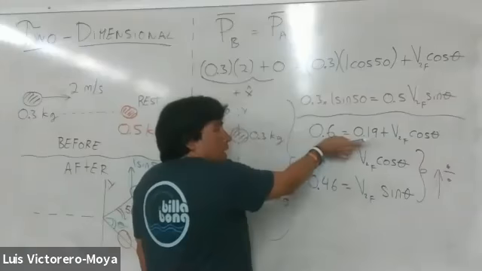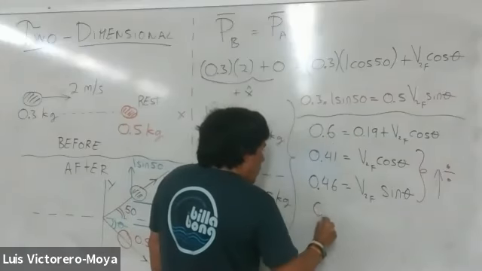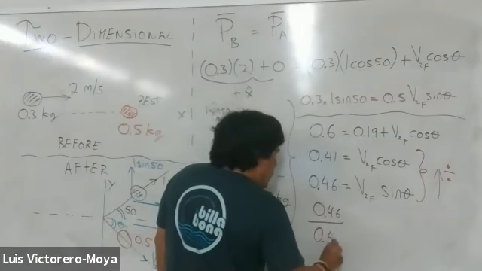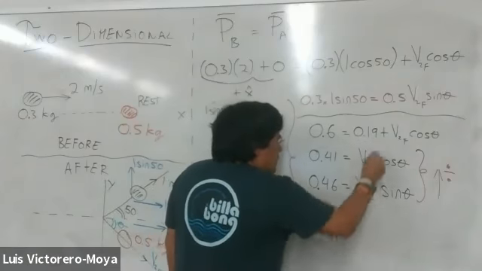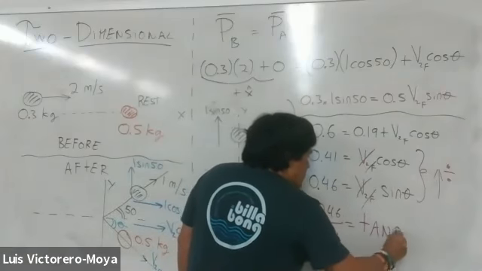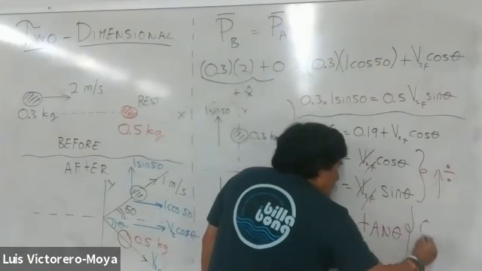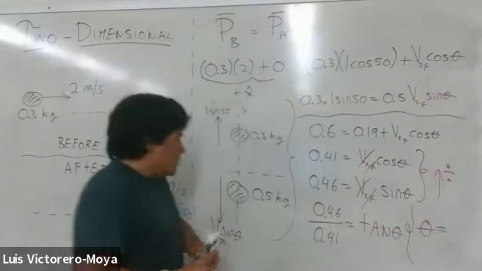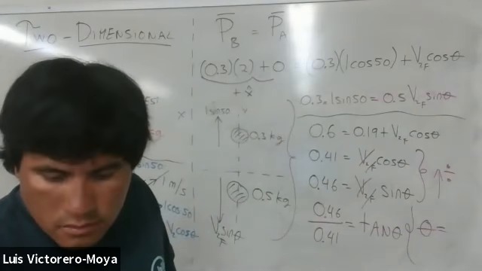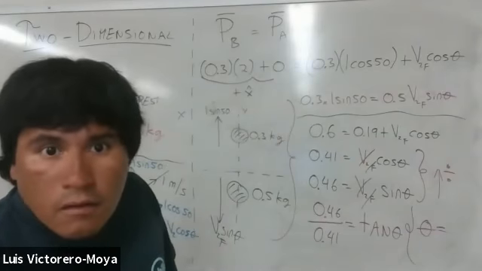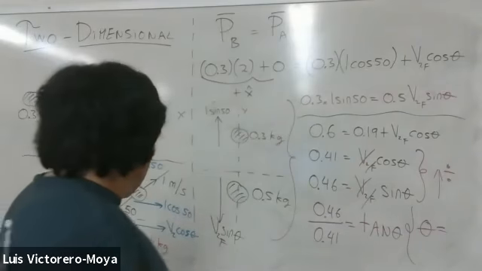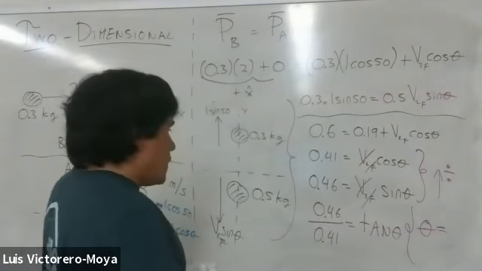This is the bottom divided by the top. 0.46 divided by 0.41. You cancel this and you get sine over cosine, tangent of theta. How much is theta? Well, 48 degrees. Perfect.